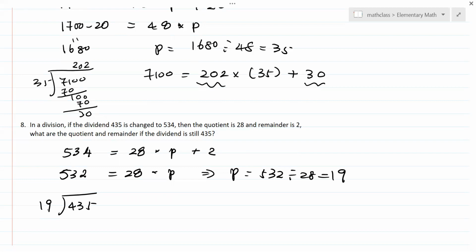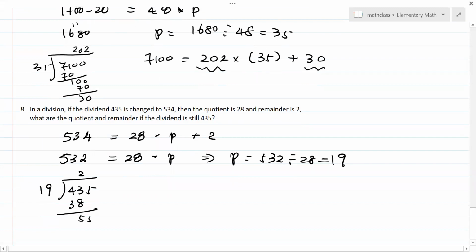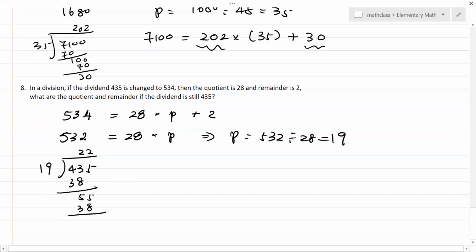Then you divide, and that will be 22 and 17.